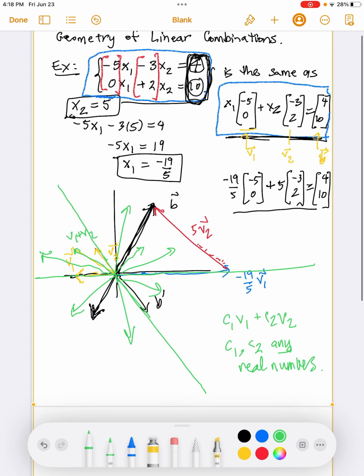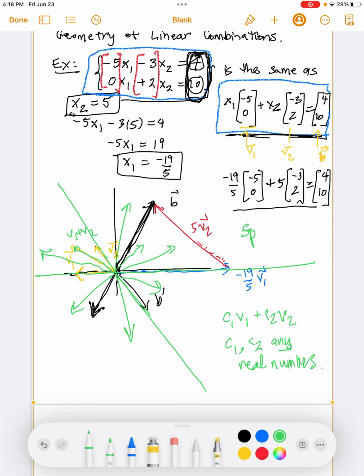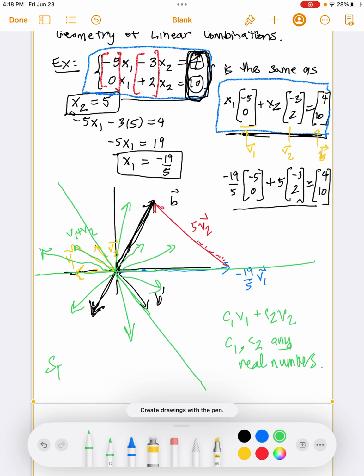So that tells you that the span, the set of all linear combinations, is all of R2. And so I'll just write that down. The span of v1 and v2 is R2.